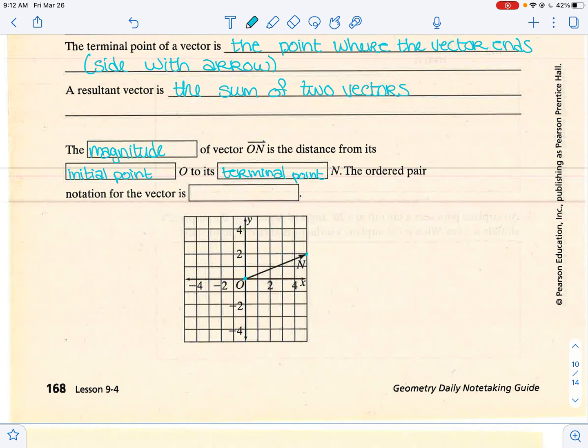The ordered pair notation for the vector is, so we're going to figure this out. First we need to count the x values. From the beginning point O, we have to go over 1, 2, 3, 4, 5. So the x value of this vector is 5. And then we have to go up 1, 2 spaces. So ⟨5, 2⟩ is the ordered pair notation of the vector.